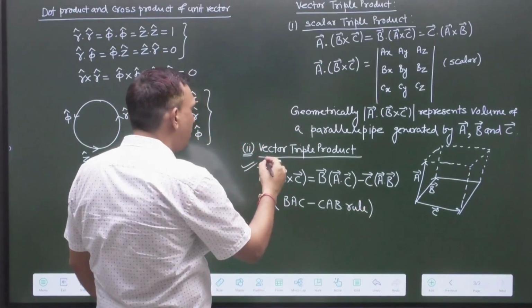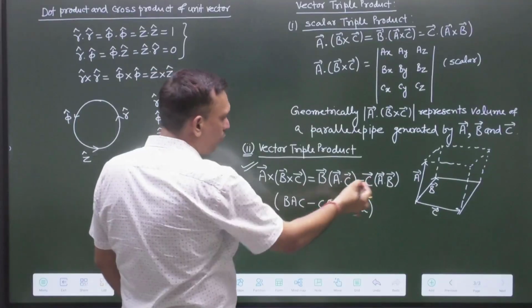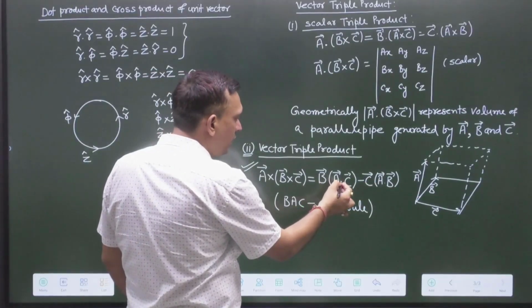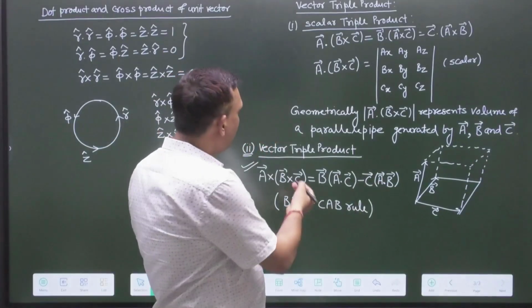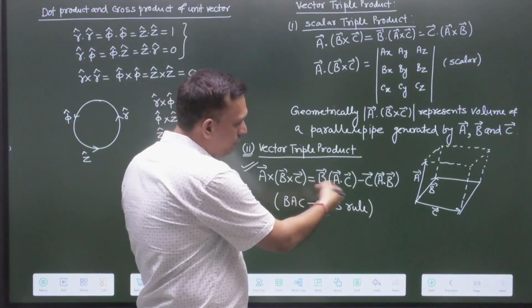So A cross B cross C will be B A dot C minus C A dot B. So that is the vector triple product. You can use this formula.